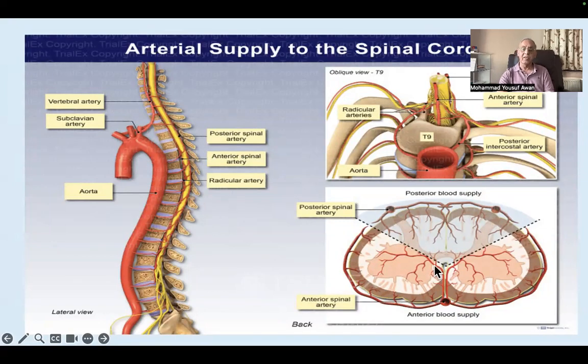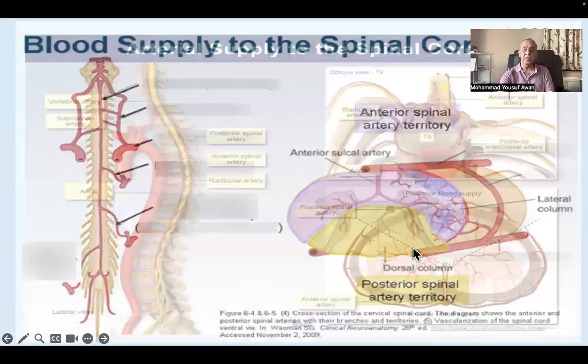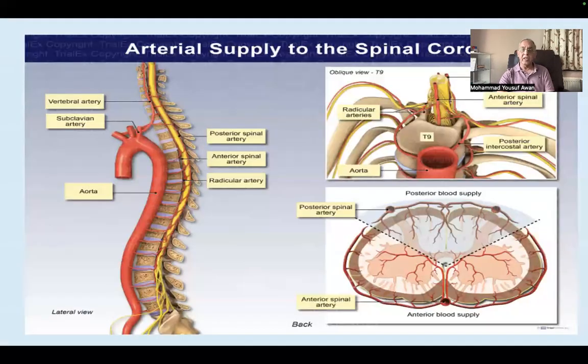But the easiest way to remember this circulation is that the anterior spinal artery supplies the anterior 2/3 of the spinal cord, and each posterior spinal artery supplies one side, with the other artery supplying the other side, together supplying the posterior 1/3 of the spinal cord.